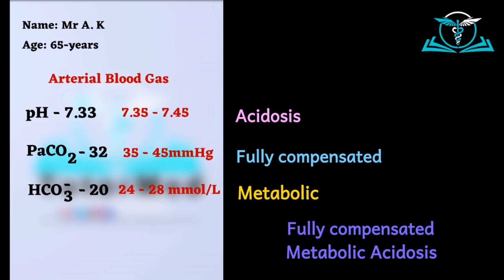Remember, I cited Guyton and Hall explaining that until the primary process which is causing the acid-base problem is removed, the compensating system may not be able to compensate fully. We may not be able to bring the pH to its normal state because the process which is causing the acidosis is still there. And so the best the compensating system can do is to bring the pH close to normal.